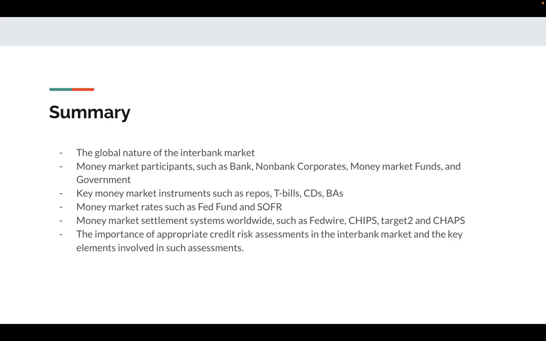Suppose bank A is a small bank and needs to provide collateral. In that case they need to provide 105 million dollars of collateral as government securities. So credit risk assessment happens in the secured lending frameworks as well, but in a different way.